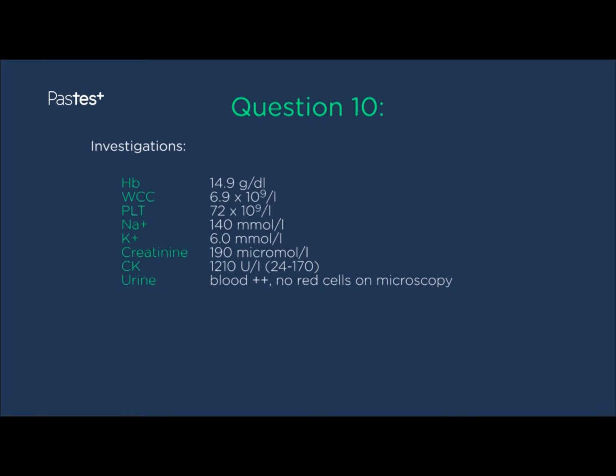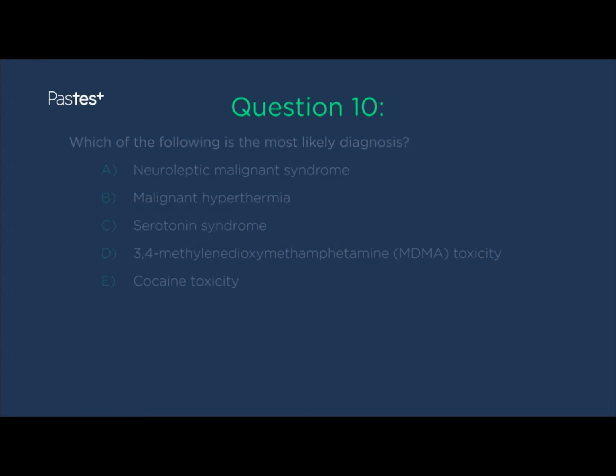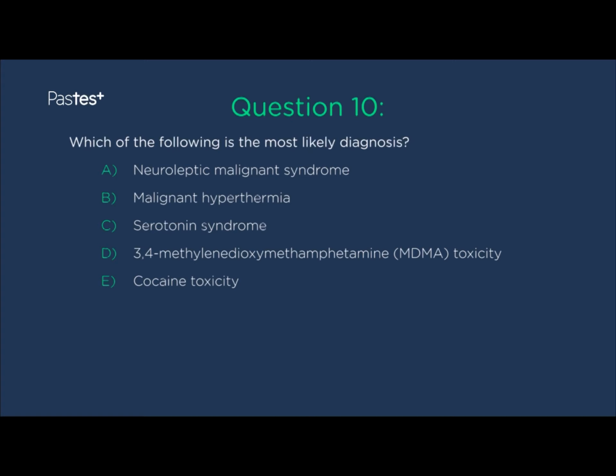Hemoglobin is fine. She does not have an elevated white cell count. However, her potassium is on the higher side, as is her creatinine, and her CK is markedly elevated. In her urine, she has blood. Which one of the following is the most likely diagnosis?